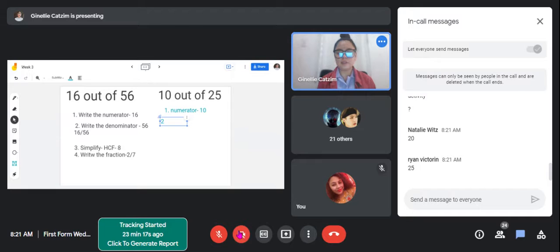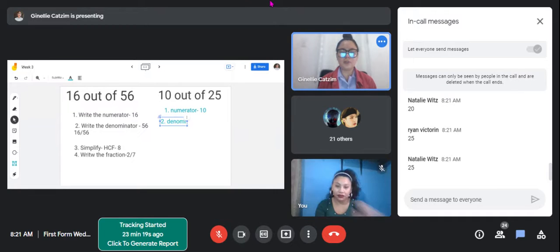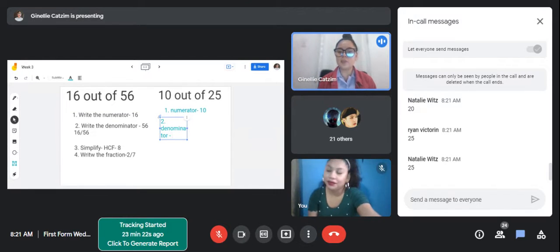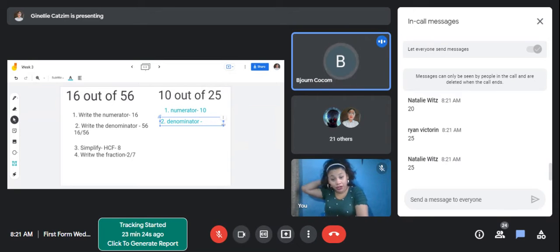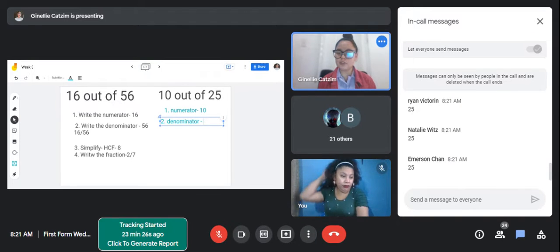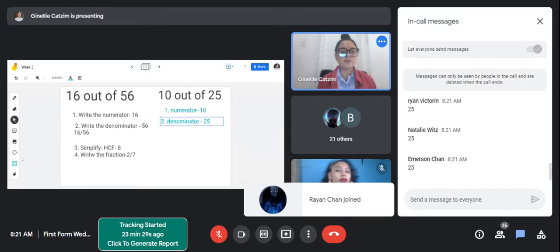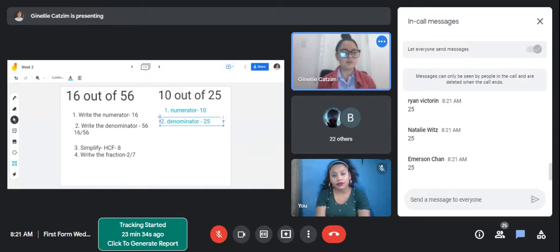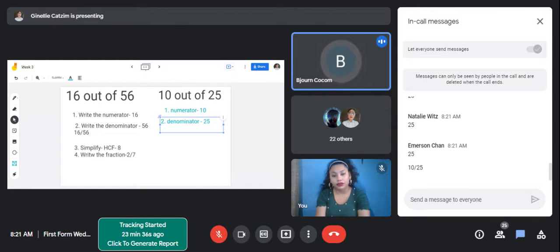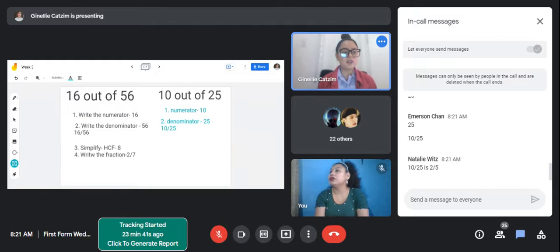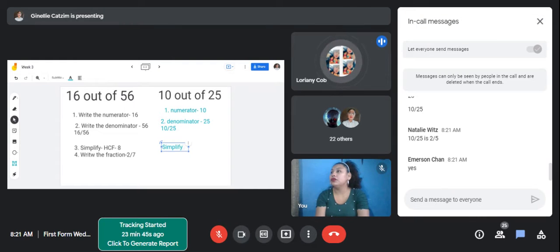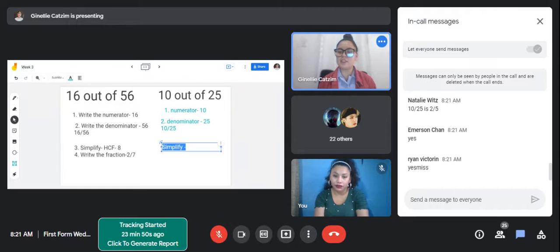What is our denominator? 25. Very good. So what is our fraction? 10 over 25. 10/25. Very good. Do we simplify? Yes, miss. See, some of you are really ahead of me in the chat box, right?